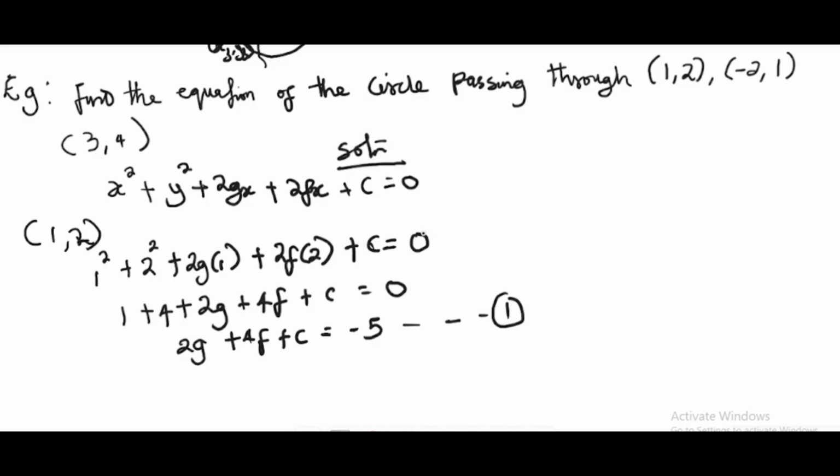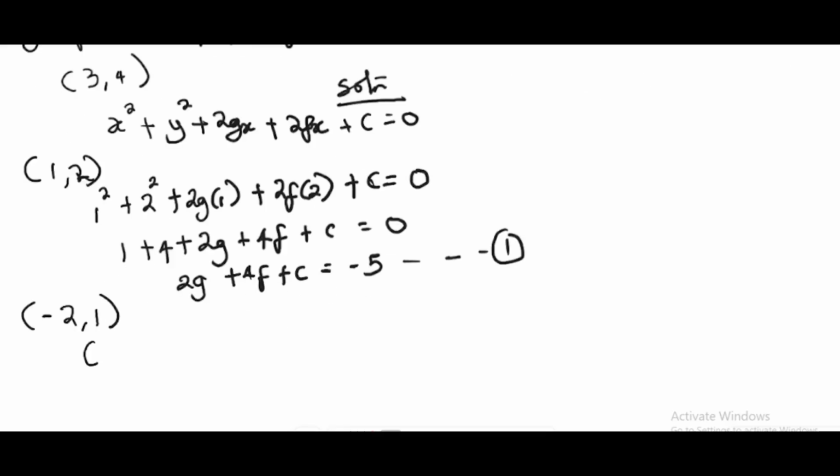So doing the same thing for the second point, minus 2, 1, I'll have minus 2 squared plus 1 squared plus 2g times minus 2 plus 2f times 1 plus c is equal to 0.